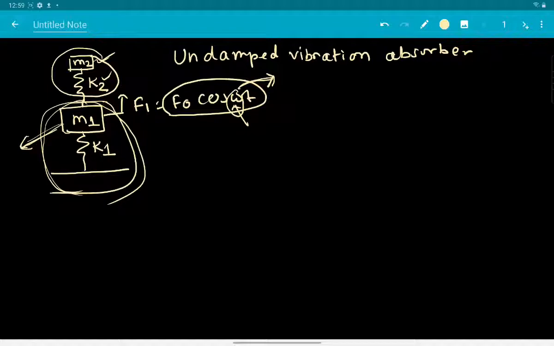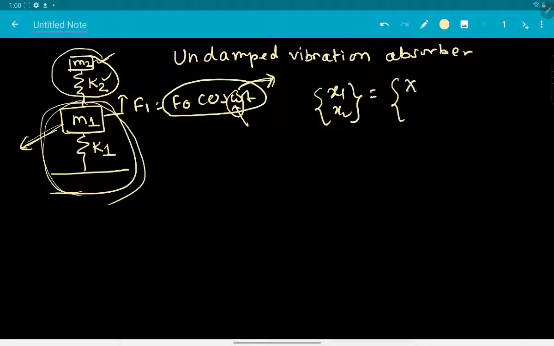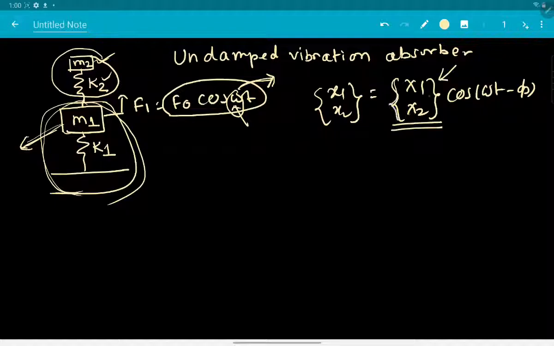Now this is a simple 2 degree of freedom system, so you can pretty easily derive the equation of motion for it. In that, if you put the approximation that x1 and x2, which is the displacement vector, is equal to capital X1, capital X2 times cosine omega t minus phi, where the vector capital X1, capital X2 is the amplitude vector, and this is the time dependence.